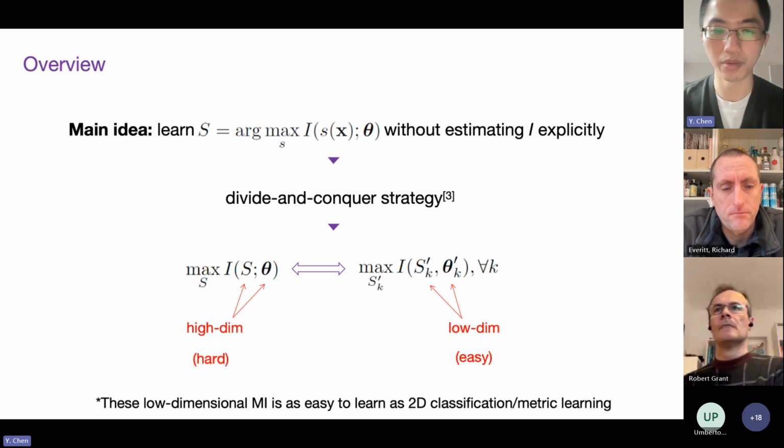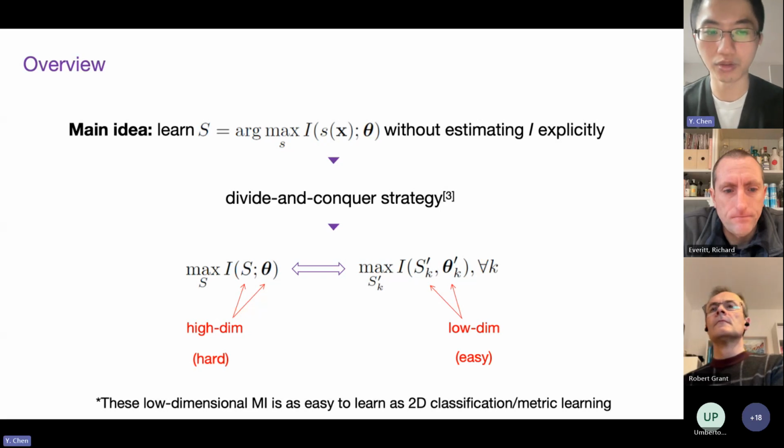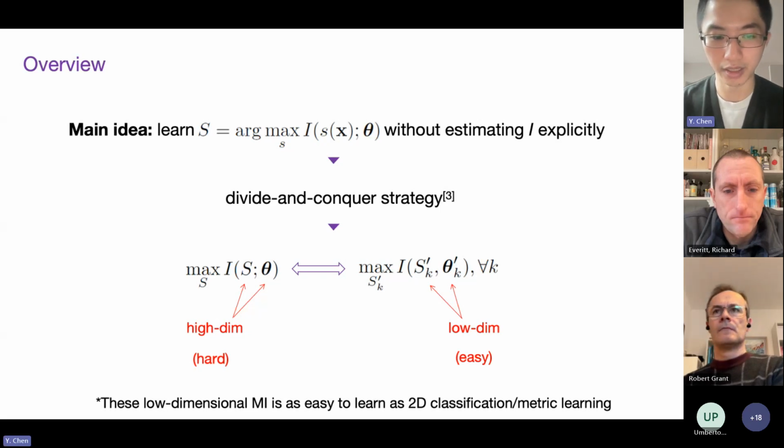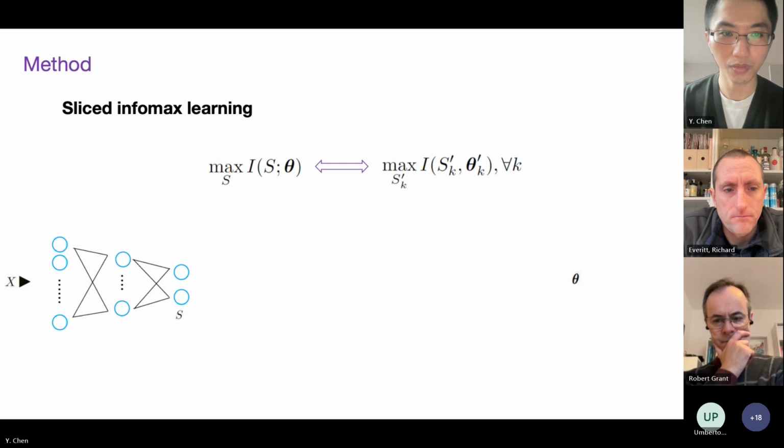The original problem may be very difficult, but we can convert it to a set of easier-to-solve problems in low-dimensional spaces. We say that this low-dimensional mutual information is as easy to learn as solving some two-dimensional classification or machine learning problem. You can see that this is really very easy, and I will show you how this is achieved later.